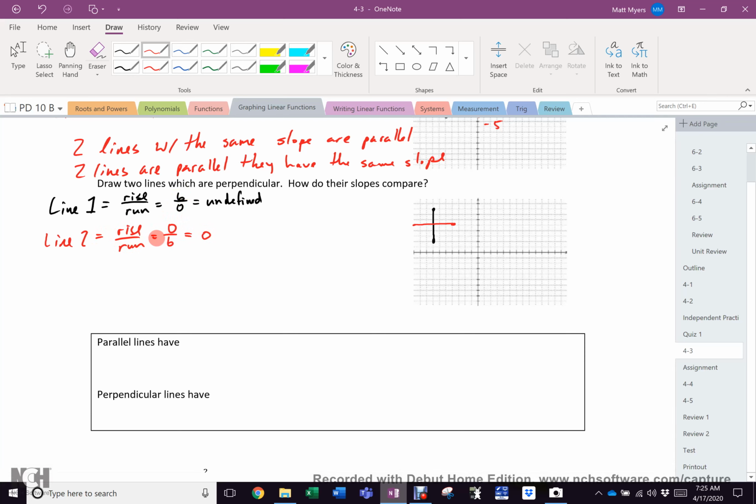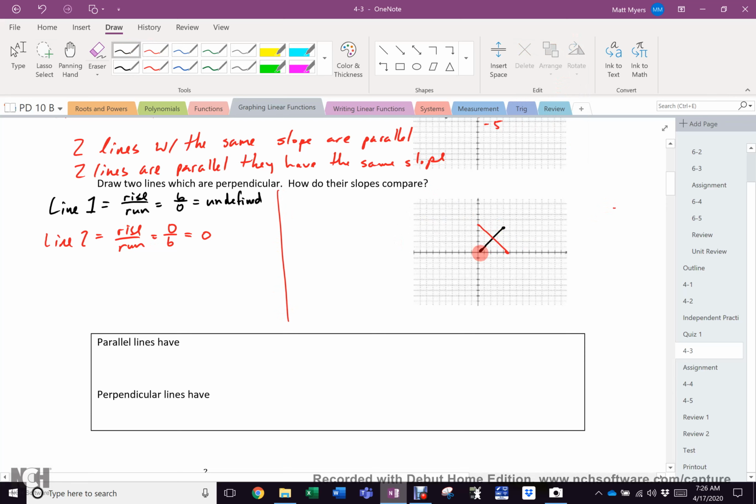So let's check something. If I take this right here and I rotate it like that, and I put it right here. Now, line 1, you know this is 90 degrees now, right?